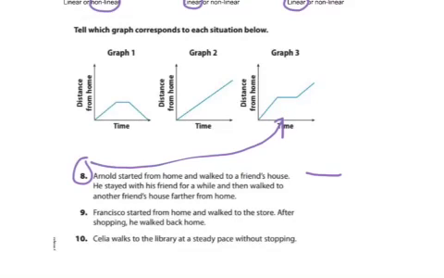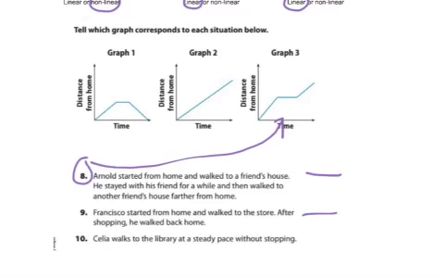Problem number 9 says Francisco started walking from home and then walked to the store. After shopping, he went back home. So in this problem, we can see that he went shopping for a while. So again, he stopped. Even though time kept going on, his distance no longer increased or decreased. Again, you're looking at either graph 3 or graph 1.